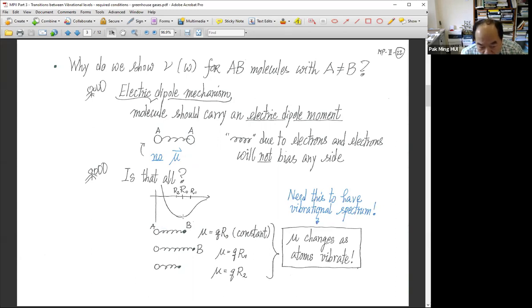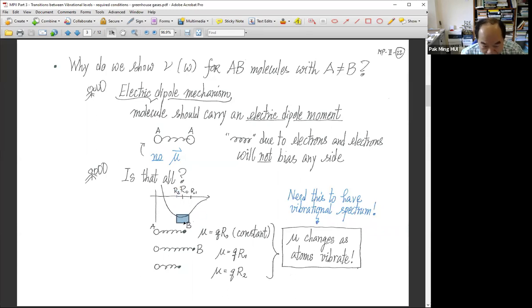The vibration will be about this minimum, thereby this distance between the A and B's slightly charged oppositely, okay? The two ions will be, the separation will be changing. So I plot out an R1 here and an R2 here, okay? So sometimes it's bigger, sometimes it's smaller as it vibrates, like this, okay?